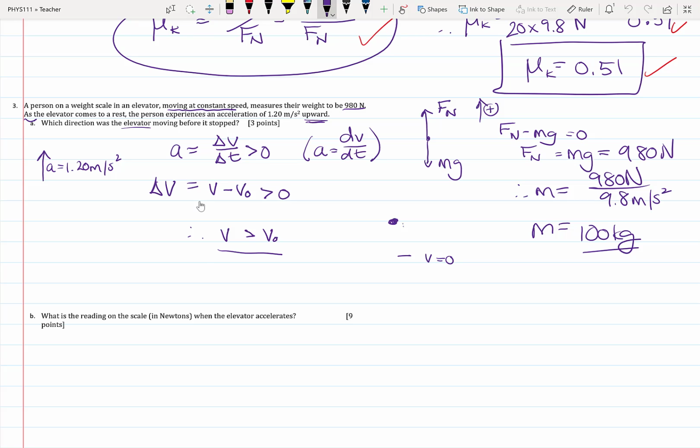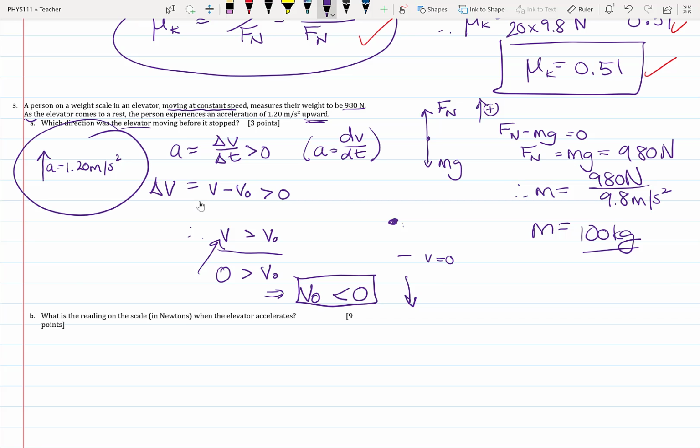If our final velocity v is 0, then that means 0 is greater than v0, or it tells you, in other words, that v0 is less than 0. And what does that mean? That means downwards. So we were moving downwards in order to have this upward acceleration as we come to a stop, which makes sense. So the answer is down.